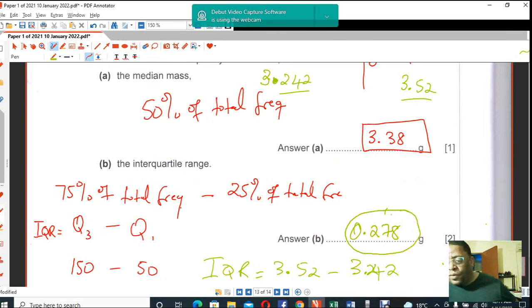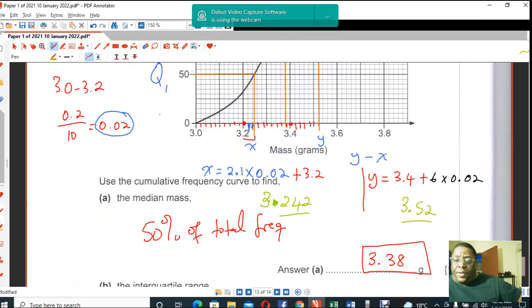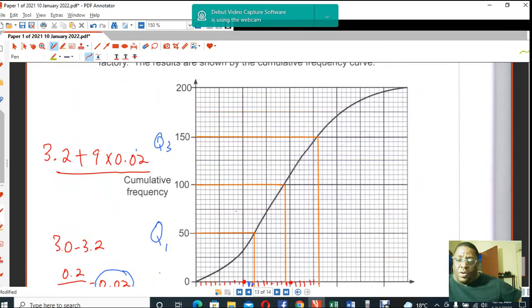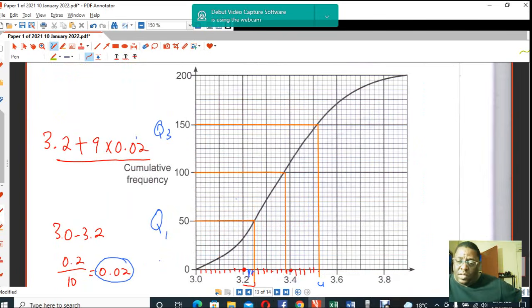Anything in this region I'll accept. Even if you get 0.28, that will also be acceptable. There is going to be a range in which these answers will fall, because it all depends on the accuracy of your curve. It's not passing through exactly a certain point. So that's how you solve this particular question.